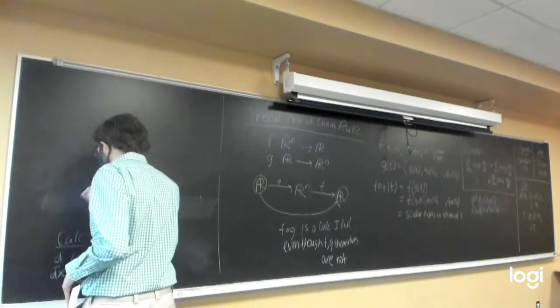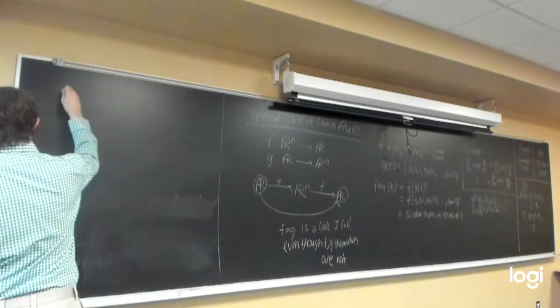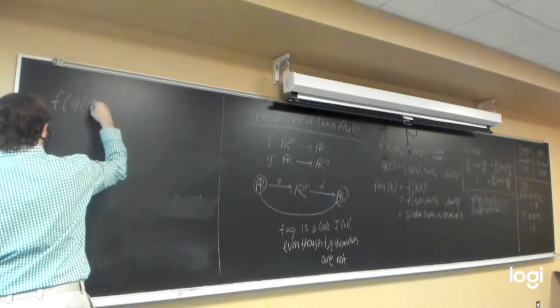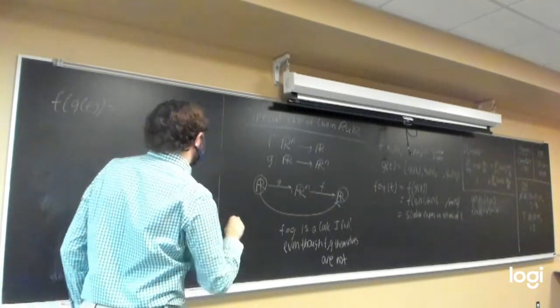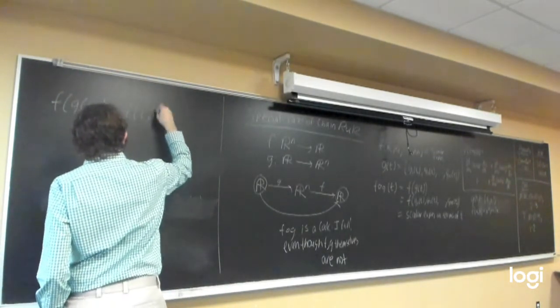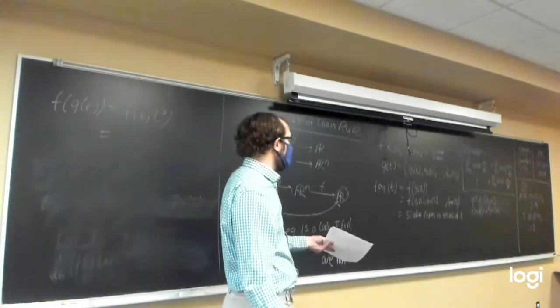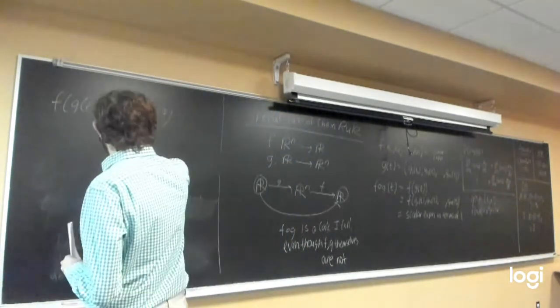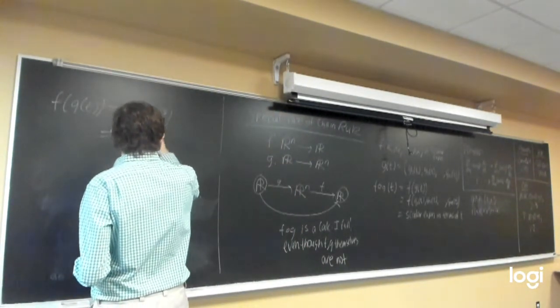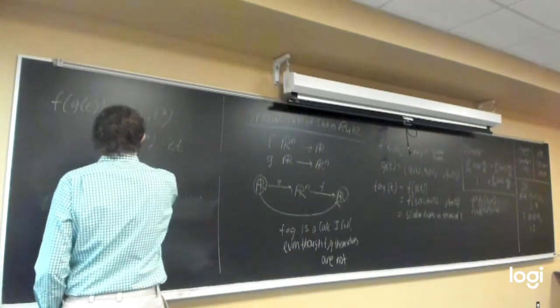The composition of those two functions would actually just be a Calc 1 function. If you were to take f of g of t, you would get f of t comma t cubed, which would be, let's see, we're plugging in t for x and t cubed for y. So we get t squared times t cubed minus 2x, so minus 2t.